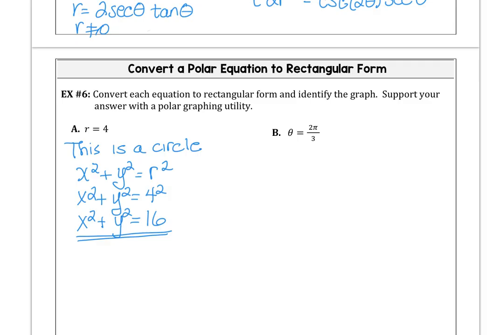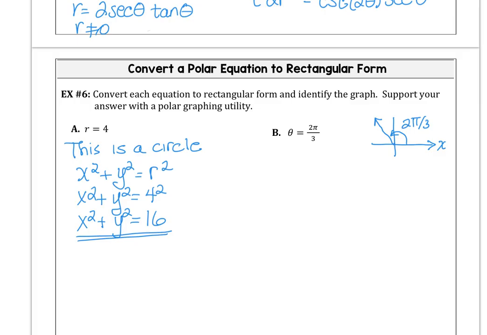Here, theta is 2 pi over 3. If you think about that from a graphic point of view, this is your x and this is your terminal ray, and our theta is 2 pi over 3. So what do we know?